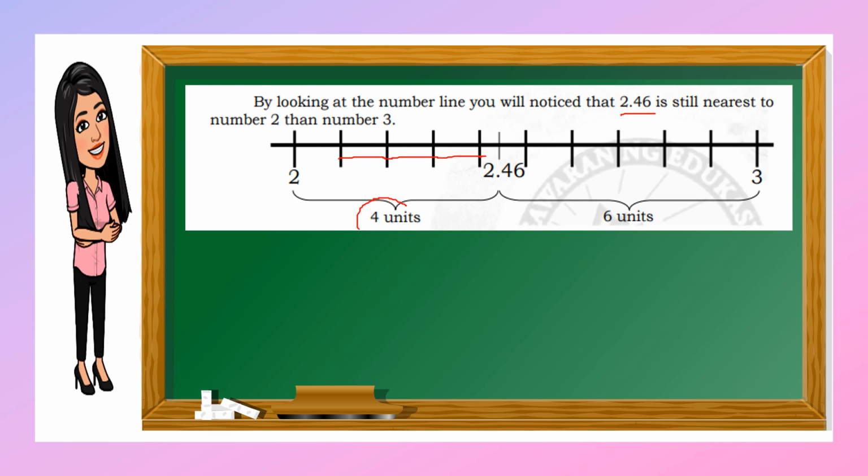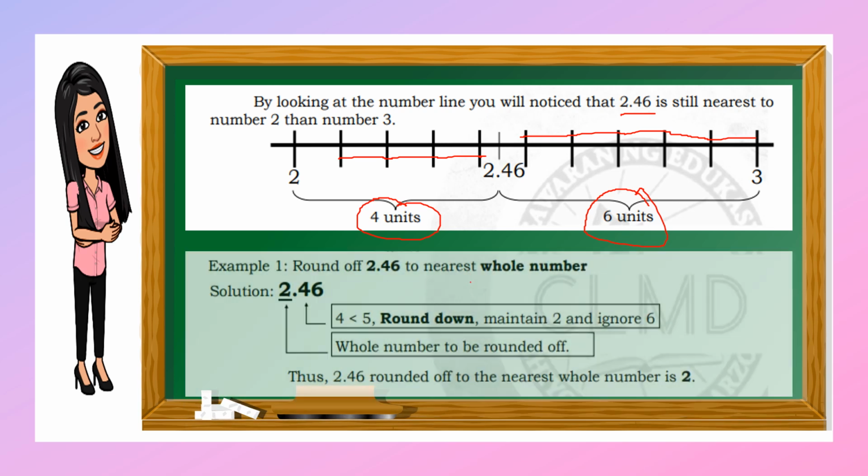Meron tayong 4 units. While si 2 and 46 hundredths papunta naman sa 3, we have 1, 2, 3, 4, 5, 6. Meron tayong 6 units. So 2 and 46 hundredths is still nearest to number 2.